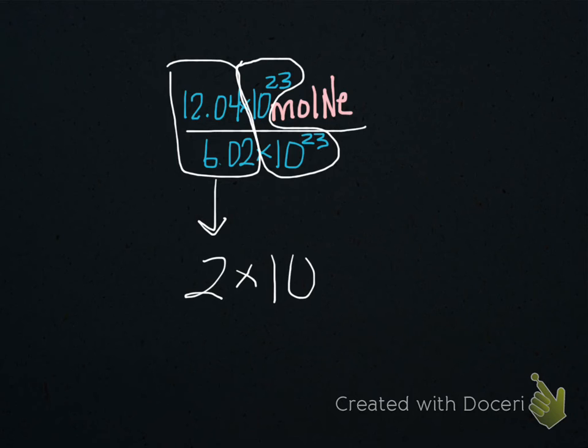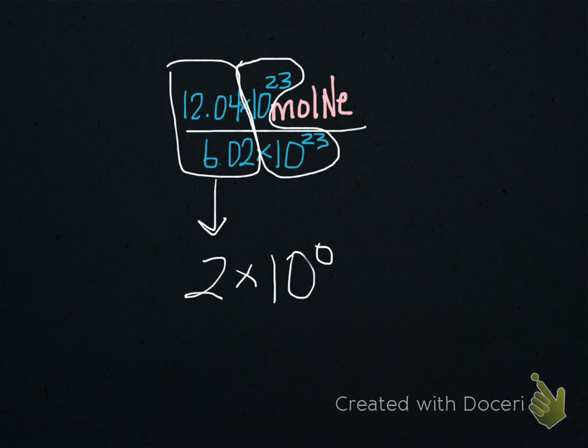Not the 10, but the 23s. So the 23 on top minus the 23 on the bottom. Okay, so 10 to the 23 minus 23. Well, 23 minus 23 is just 0.